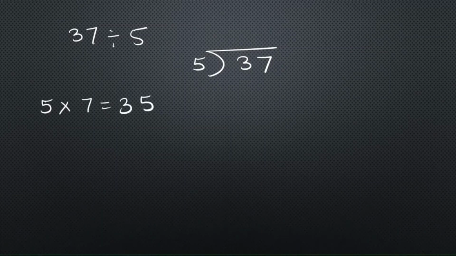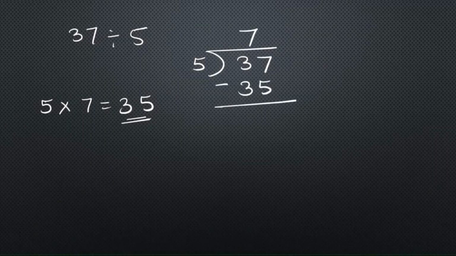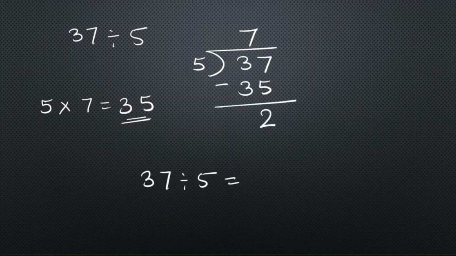So 35, this number is near to 37 and it is smaller than 37. So I write here 7. So 5 times 7 is 35. Now subtract and we get 2 as remainder. That's why when we divide 37 by 5, then we get answer 7 with remainder of 2.